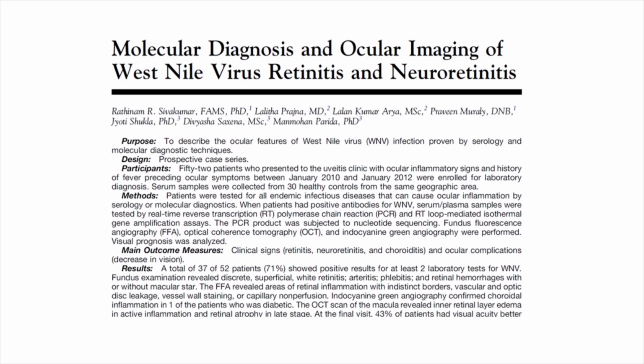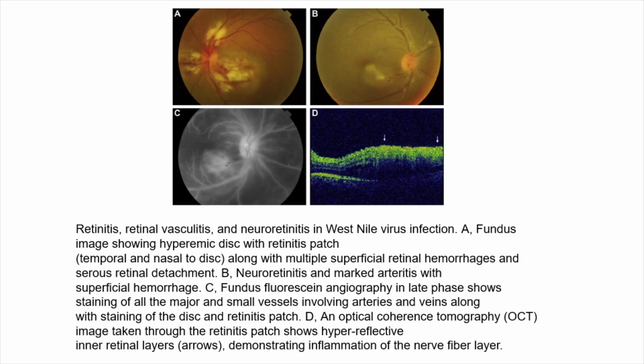In case of molecular diagnosis and ocular imaging of West Nile virus retinitis and neuroretinitis, which has been described by Dr. Ratnam Shivakumar from Madurai, there is a retinitis, retinal vasculitis, and neuroretinitis seen, and there is extensive retinal vasculitis seen in the fluorescein angiogram.